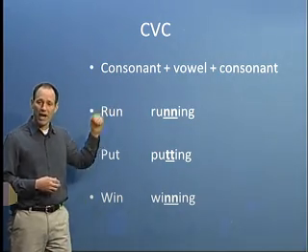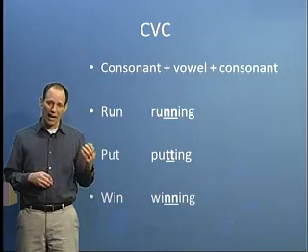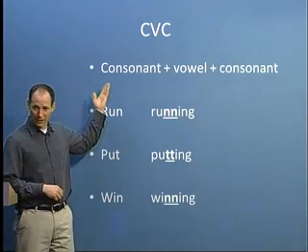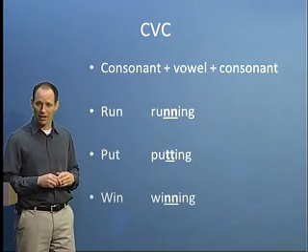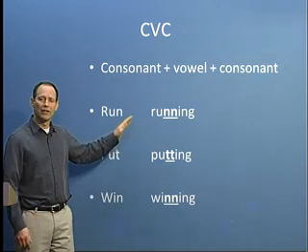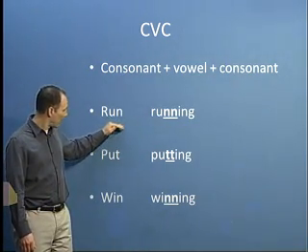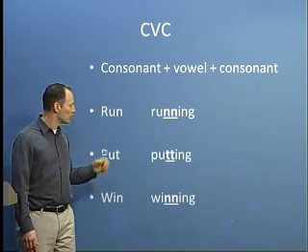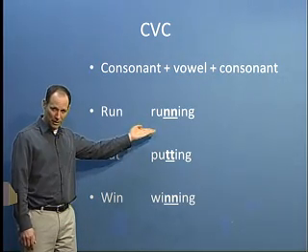First of all, a vowel is the letters A, E, I, O, or U, and then consonants, all the other letters, B, C, D, F, G, H, J, and so on. So if I have the verb run, it has consonant, vowel, consonant. When I add ing, I'm going to double the N, the last letter, so it's running.